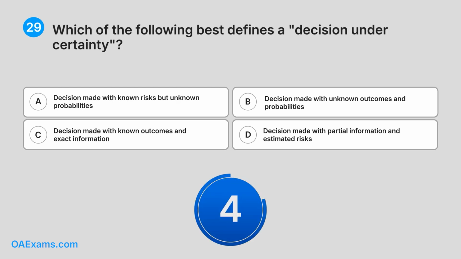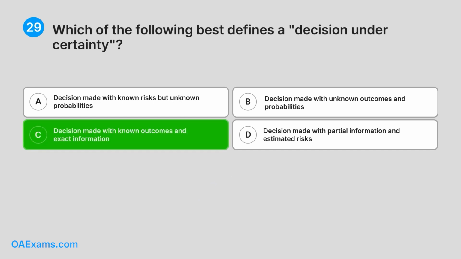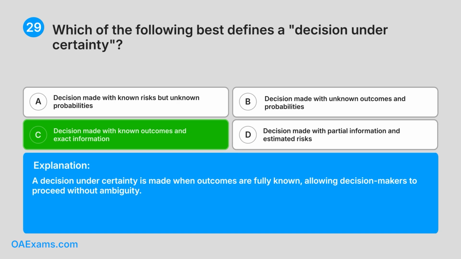Do you know the answer? Correct answer: C. Decision made with known outcomes and exact information. Explanation: A decision under certainty is made when outcomes are fully known, allowing decision-makers to proceed without ambiguity.